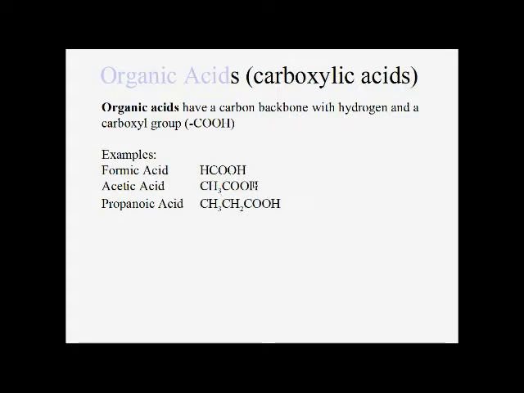We just have three examples here, three of the smallest organic acids. The middle one, CH3COOH, is our vinegar, which we use as a flavoring agent and also as a food preservative. The first one, formic acid, only has a single carbon.